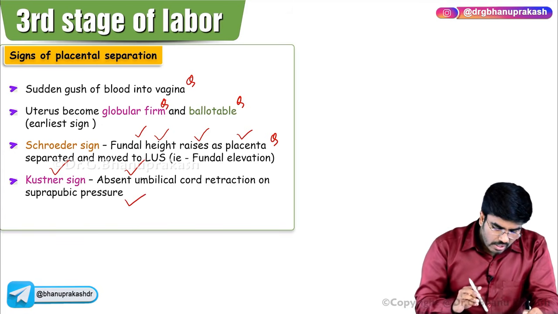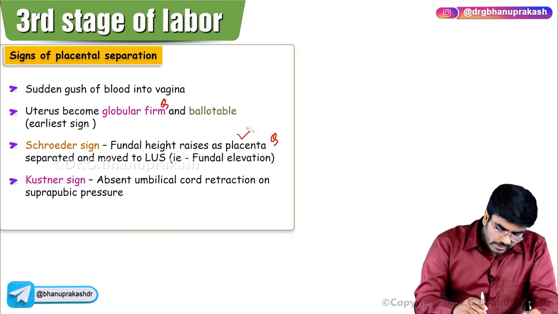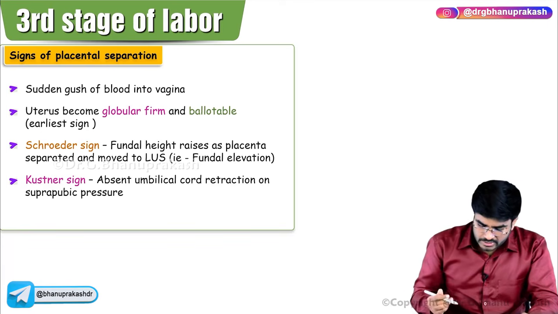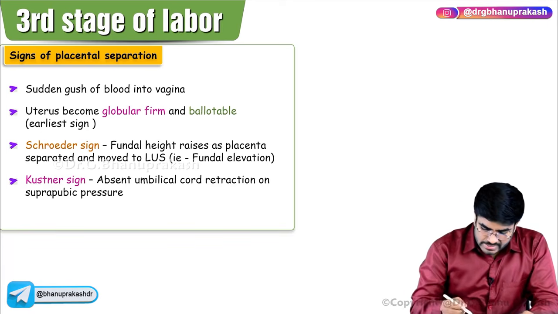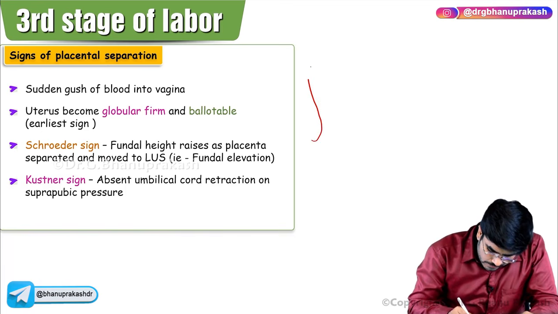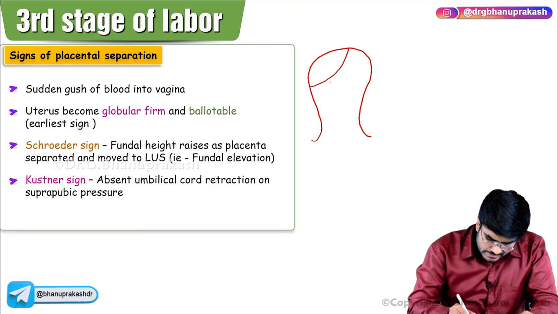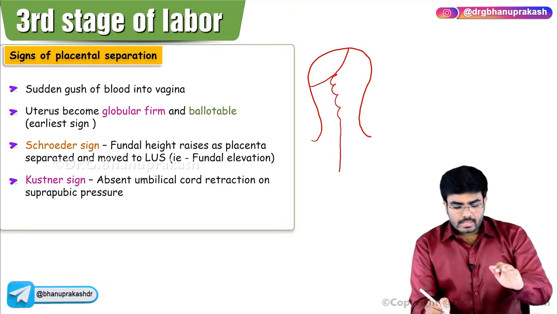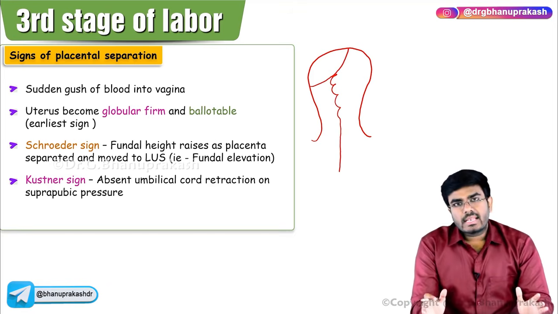And what exactly is Kushner's sign? Absence of umbilical cord retraction on suprapubic pressure. Guys, let me show you a small diagram so that you can understand it in a better way. For example, this is the uterus, here is the placenta, and this is the umbilical cord. Guys, please concentrate. There is this woman who is lying.